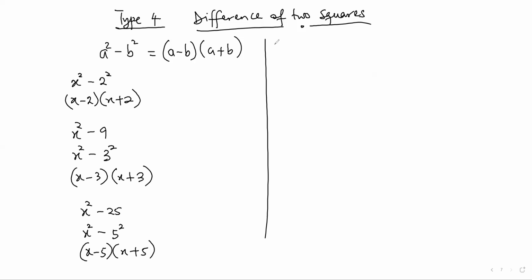Okay. So now let's factorize the following. If I have 25p squared minus 9q squared, you should be able to express this 25 as 5 squared and then 9 as 3 squared.